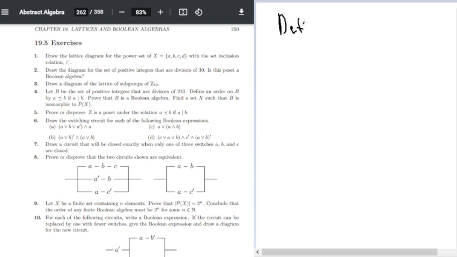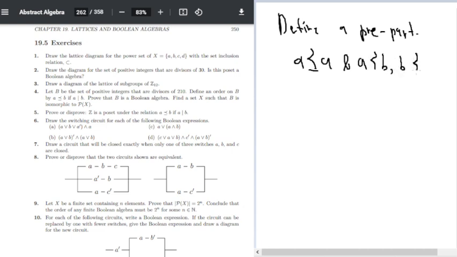So define a pre-partial order to be some less than or equal to such that A is less than or equal to A, and if A is less than or equal to B and B is less than or equal to C, then A is less than or equal to C. On a set, we call it a pre-partial, and we denote it as the set A with the pre-partial order.